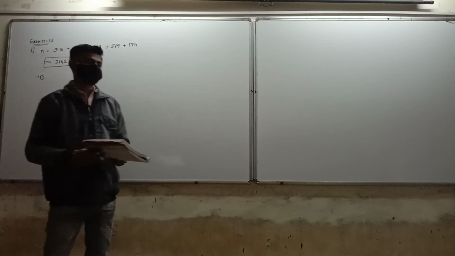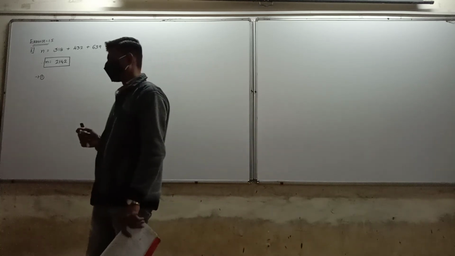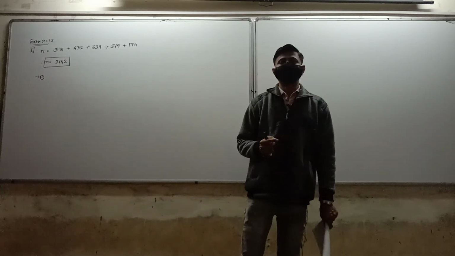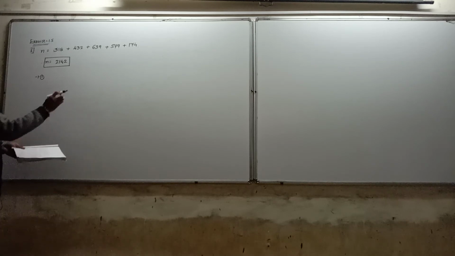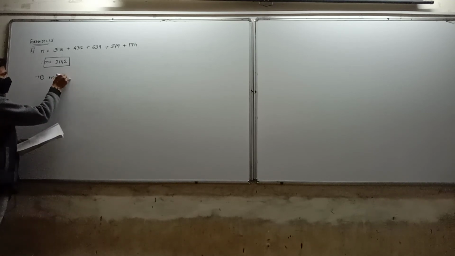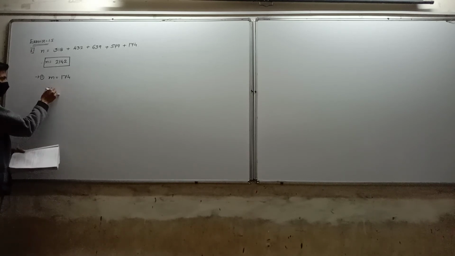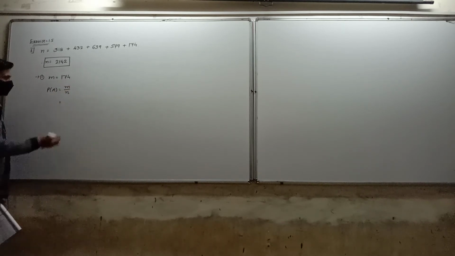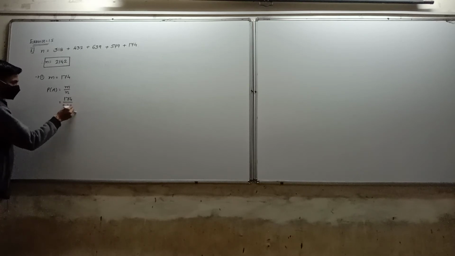New line. Favorable outcomes of event A is M is equal to 174. P of A: M upon N, 174 upon 2142.